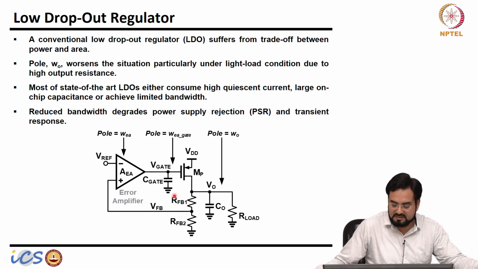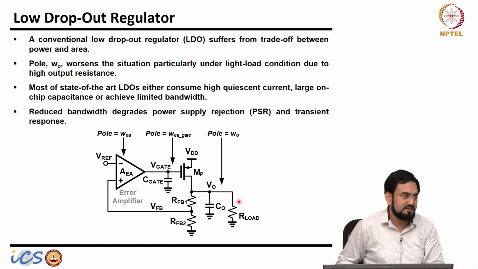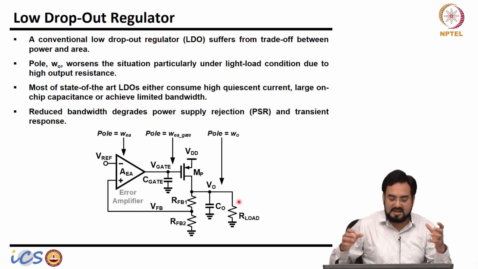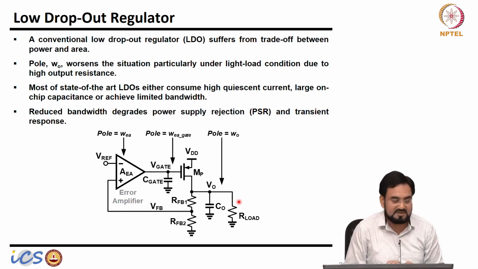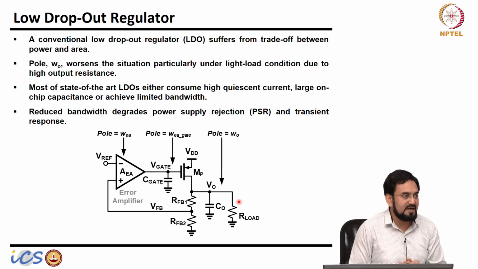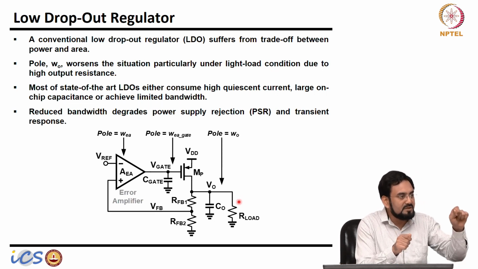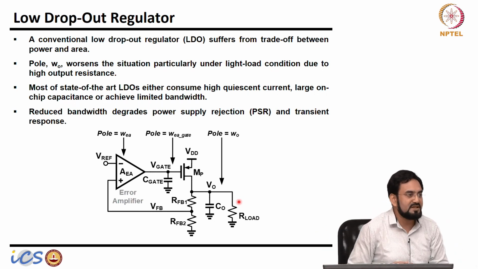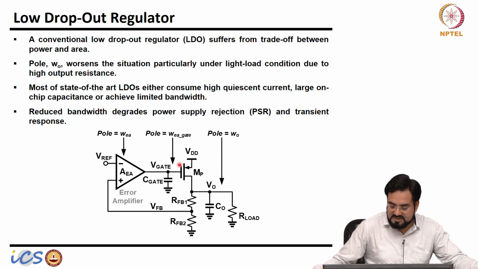The only way is to move both poles to higher frequency. Let's say I have designed this LDO for 60 degrees phase margin, and I want to increase the bandwidth. I have to make sure both poles move proportionally so that your phase margin is maintained.